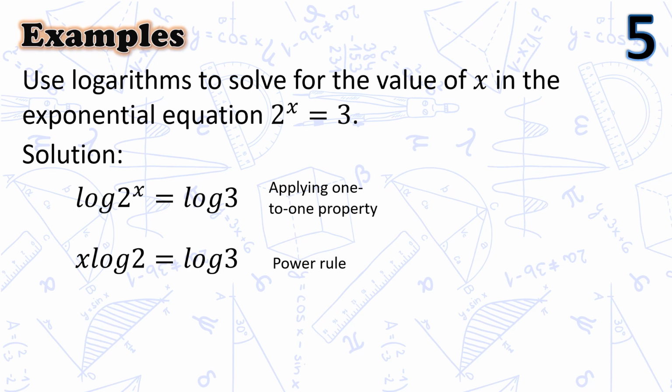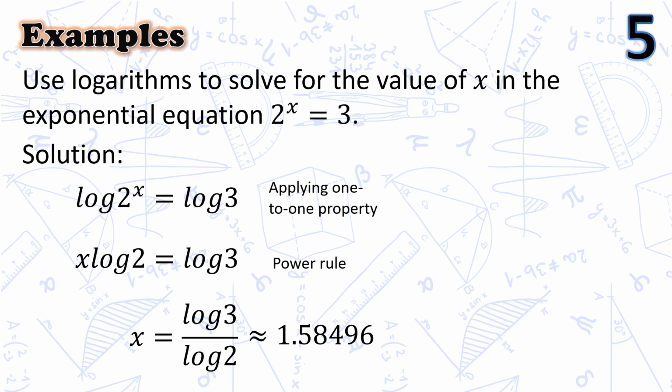Then divide both sides by logarithm of 2. We have x equals logarithm of 3 over logarithm of 2. In our case, this is already the final answer because we're not allowed to use calculators. But if you're going to use your calculator, this will be approximately 1.58496.